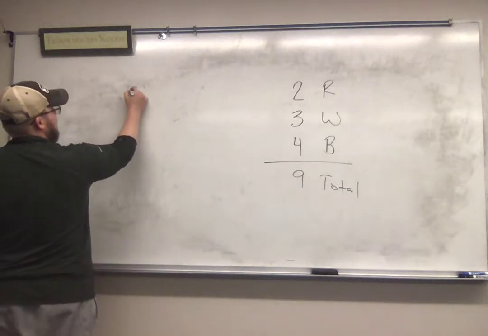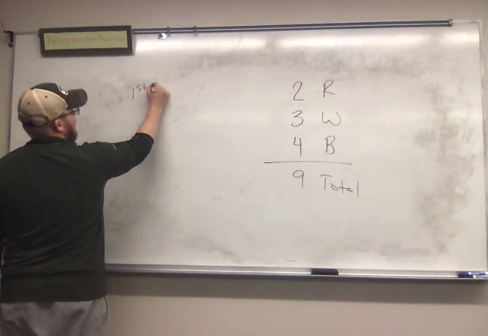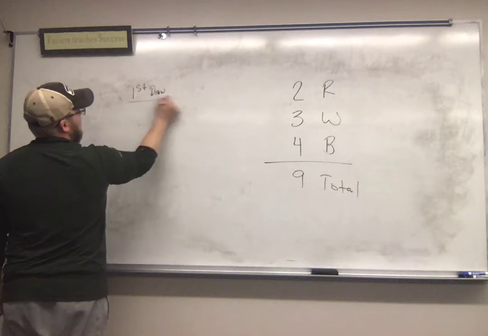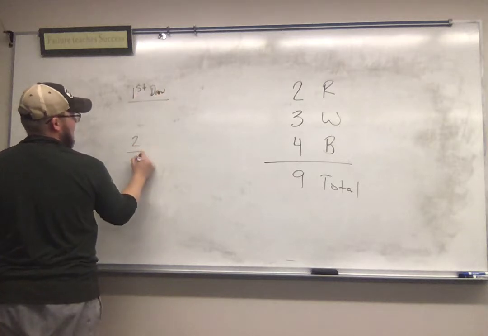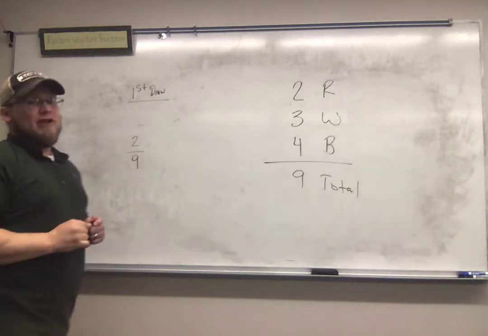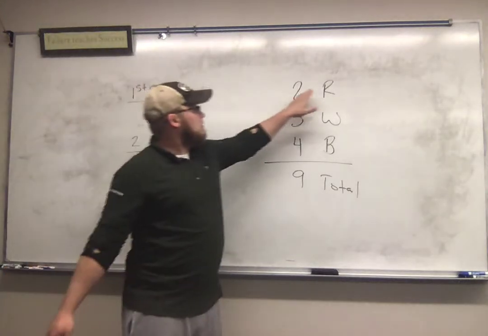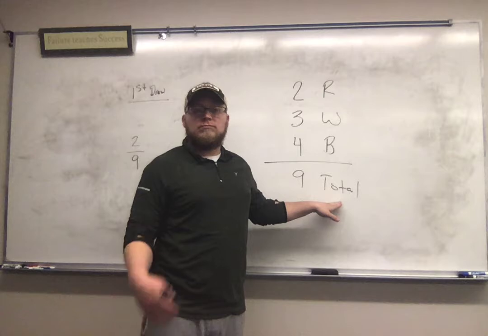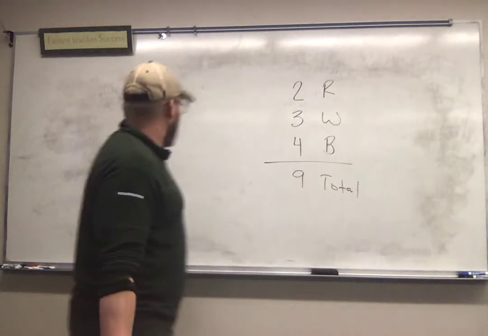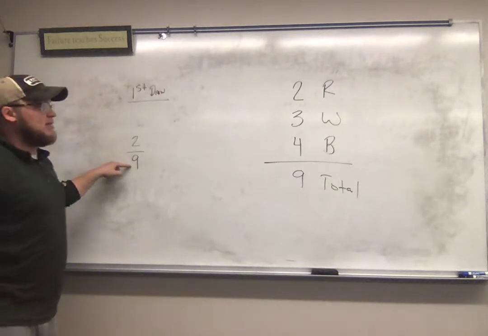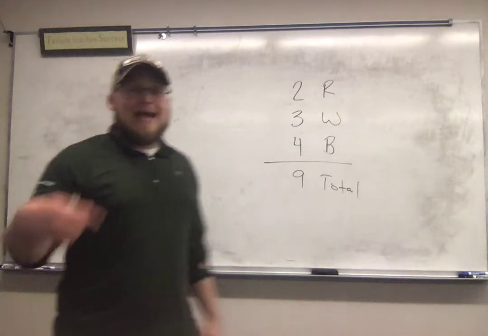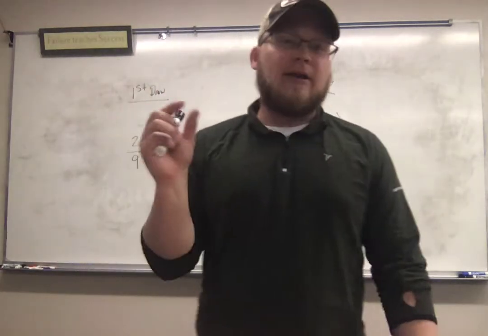So I'll just write first draw, okay? And then that's going to be 2 out of 9. Why is it a 2 out of 9 chance? Because there are 2 reds out of 9 total marbles. Okay, so I have a 2 out of 9 chance of picking a red. Let's say I got it, and I have the red in my hand.